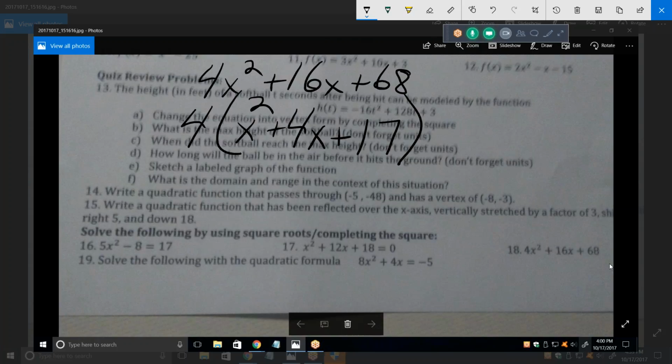So they want us to complete the square. My first step: I'm going to leave everything on one side, and I'm going to make that 68 again. So what goes into the parentheses? x squared plus 4x, right?